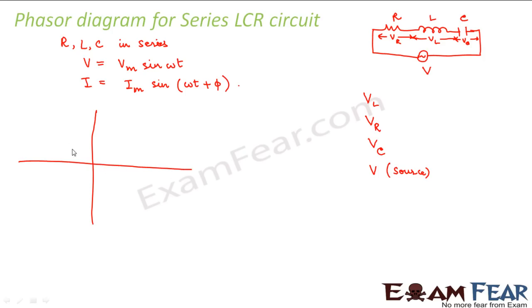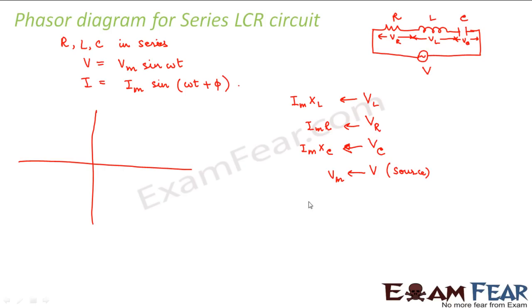Before that, what is this VL? This VL is nothing but Im into XL, similarly VR is nothing but Im into R, and this VC is nothing but Im into XC, right? And the corresponding value for this V is Vm.